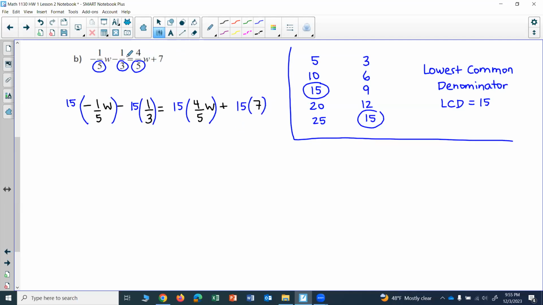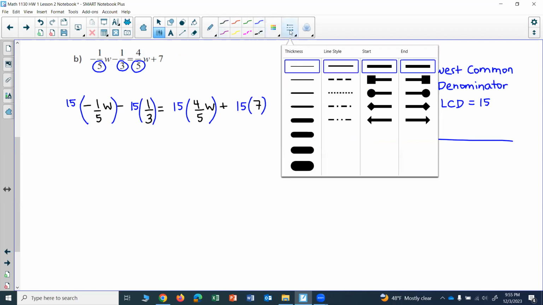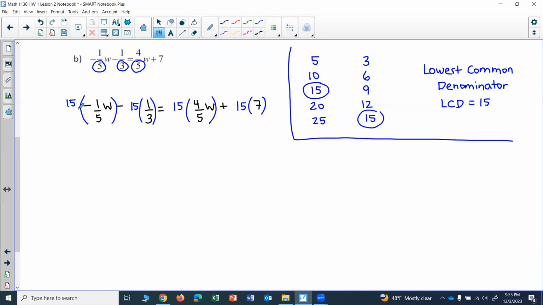And now it's time to cancel, if I can. So what I will do is I'll look at multiplying 15 times negative 1/5. Now the 15, I can treat it like it's over a 1. So it would multiply to the numerator here.